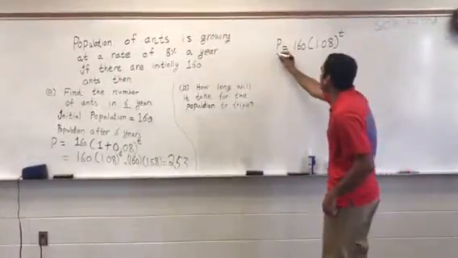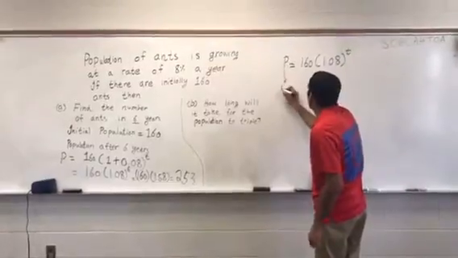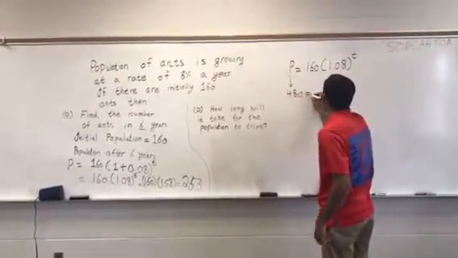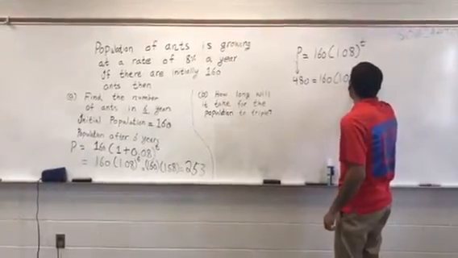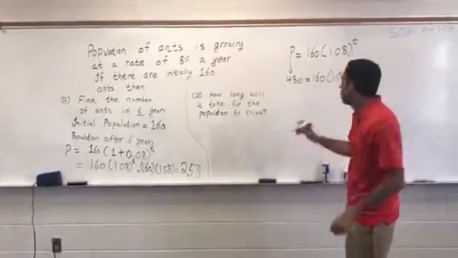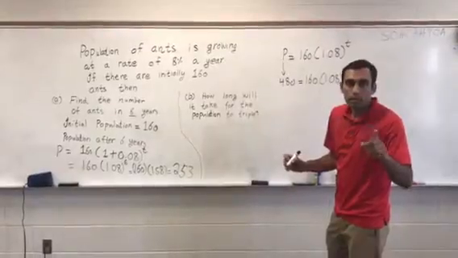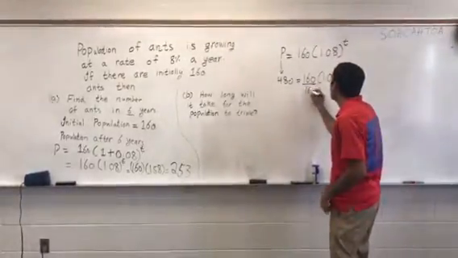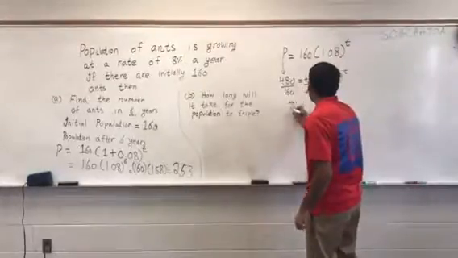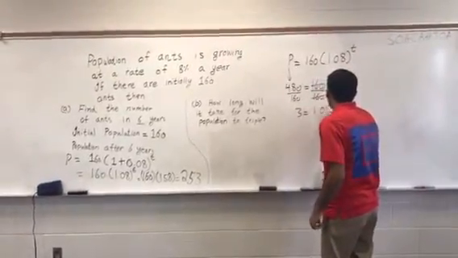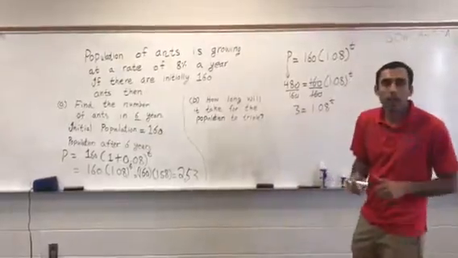So we want our P to be 480. All right. Start at 160. So what's the first step now? Yes, divide both sides by 160. So you're left with just 3 equals 1.08 to the power of t.